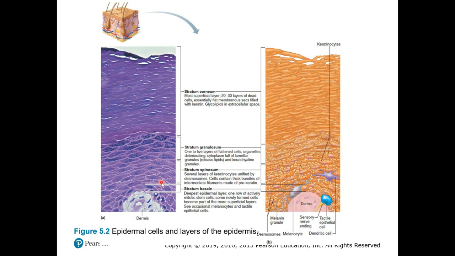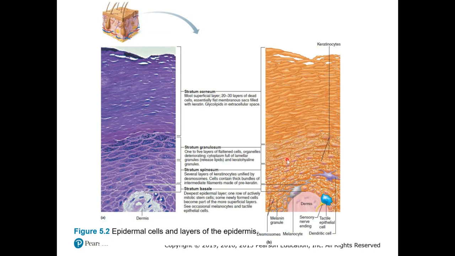Then you get the stratum spinosum. You see they're starting to get little points on them. Somebody thought that looked like little bristles on a cactus. And then the granulosum layer, you can see where it gets its name. It's starting to fill up with keratin granules. And then above this layer, they die and they start to flatten out. And here's the stratum corneum, the superficial layer.